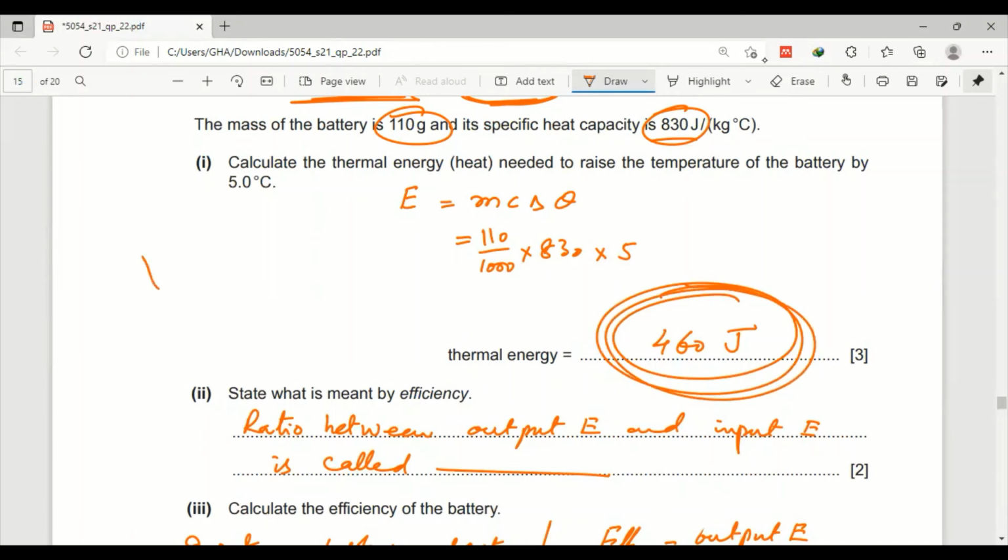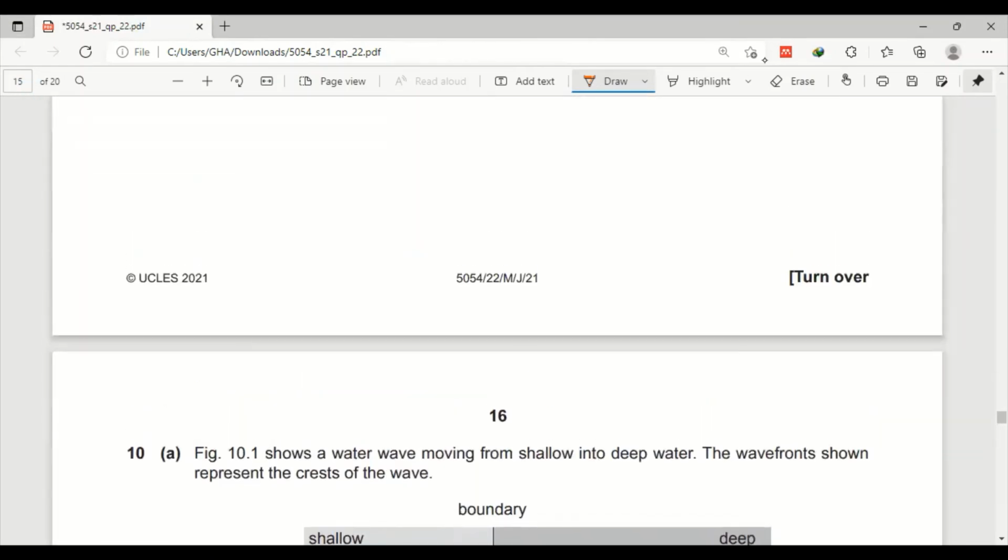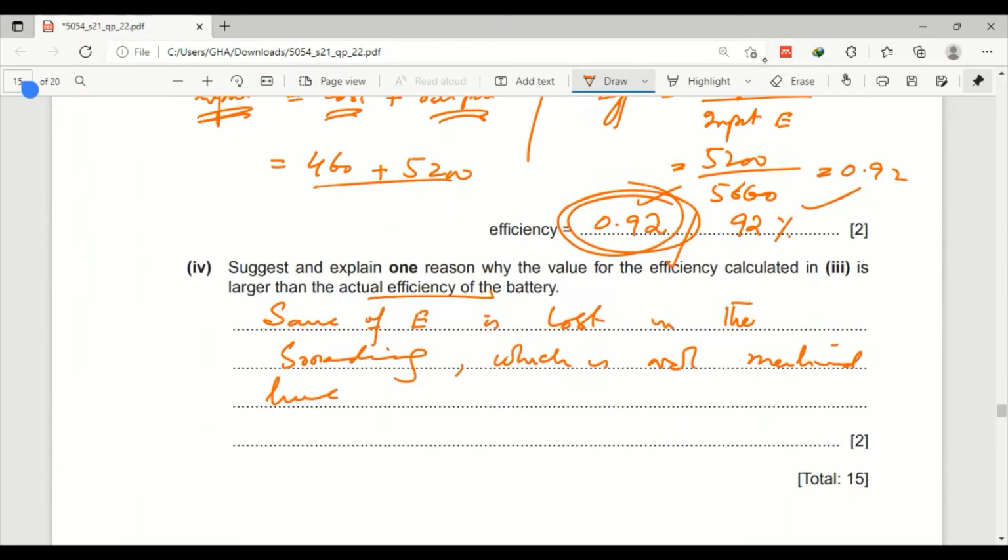The energy which is lost to the surroundings is not used here. So the actual answer is not this one. Due to the loss of energy to the surroundings, the actual efficiency is smaller than this calculated value.